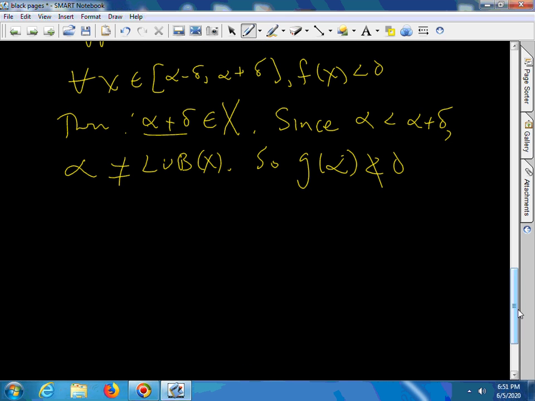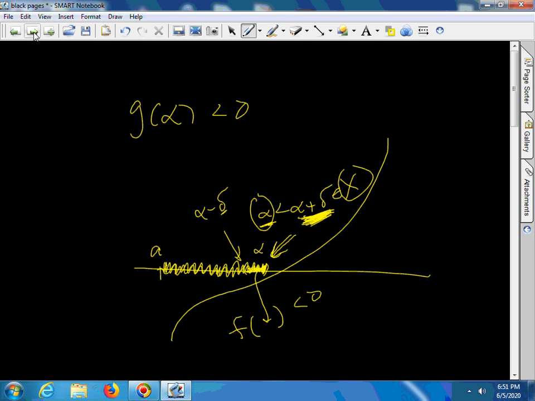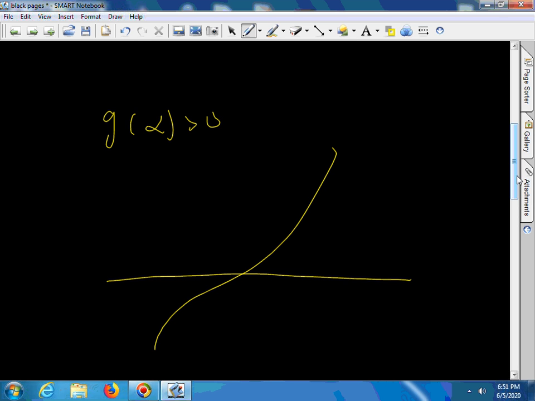So now we're going to suppose the other possibility. Suppose g of alpha is bigger than 0. Now let's look at our diagram for this. If g of alpha is greater than 0, so here's the 0, and here is alpha.